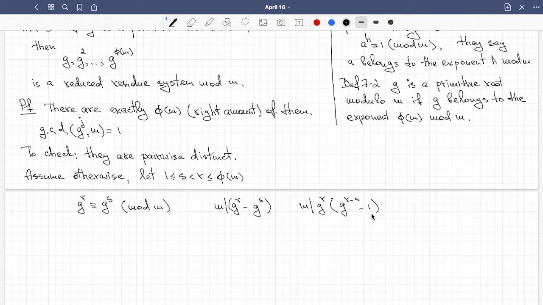Now, I want to recall theorem 2-3, which was quite important.